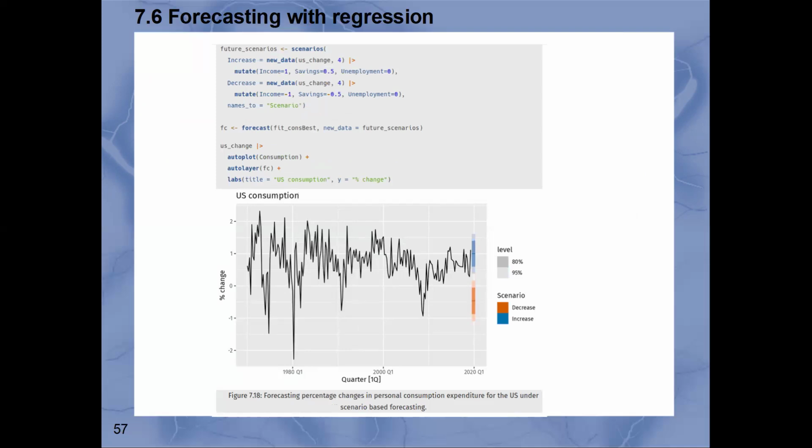So here's another example. This is US consumption, and we're using percent change. So we're going to look at future scenarios.